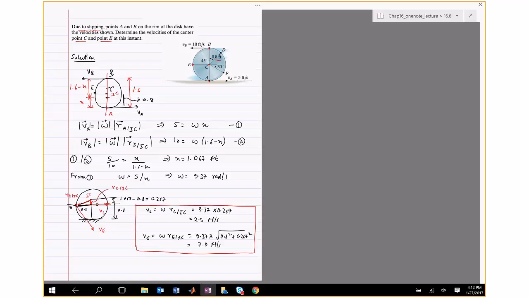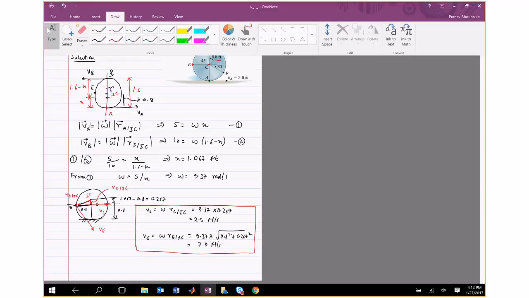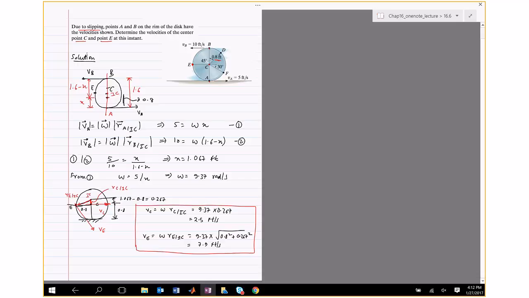Once we got the angular speed and the instantaneous center, we were able to find the velocities of points E and C by using the angular speed and the position of the instantaneous center with respect to those points. This dramatically simplified the logic and the calculations. Otherwise, you would have to use the formulas which you learned in section 16.5, which are also fine, but I think it would be more computationally heavy.